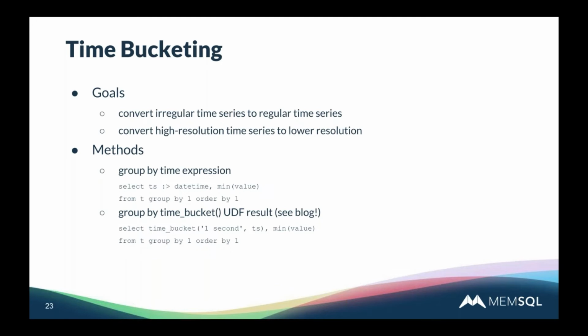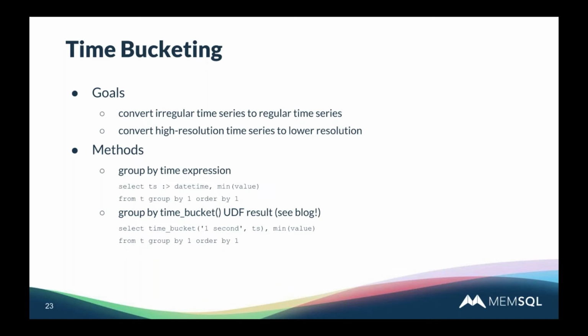You can also use user-defined functions to do time bucketing, and I've written a time bucket function which takes two arguments. The first argument is a time pattern that says like 1 second, 1 minute, 3 seconds, etc. So you can define with a phrase what your time bucket width is, and the second argument is the timestamp.